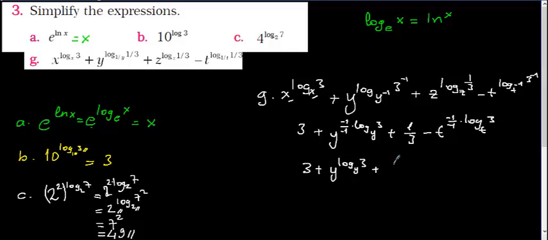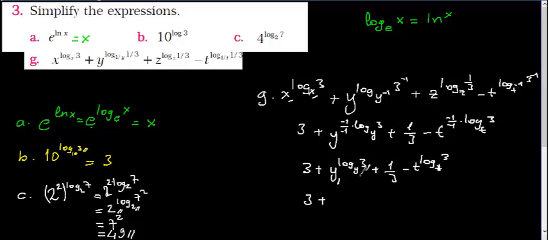Here this is going to be 3 plus -1 over -1, which is equal to 1, y to the power of logarithm base y of 3, plus 1 over 3, minus t to the power of logarithm base t of 3.